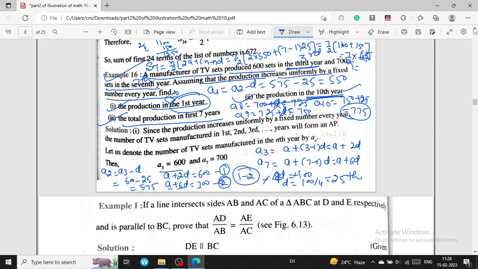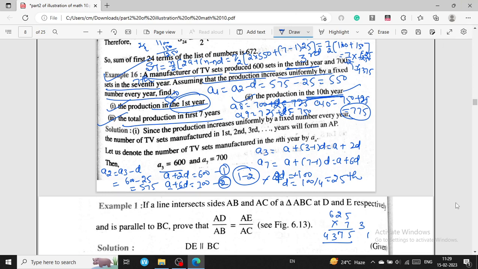And now 625. 625 multiplied by 7. 7 5s are 35, 7 2s are 14 plus 3, 17, 7 6s are 42 plus 1, 43. You can see the answer is 4375, your total production in the first 7 years.